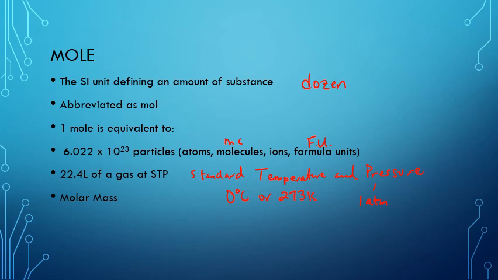And finally, the last thing that the mole can be equal to is the molar mass. Now we will talk about all these in depth and go through some examples for each one. So we'll define molar mass shortly.